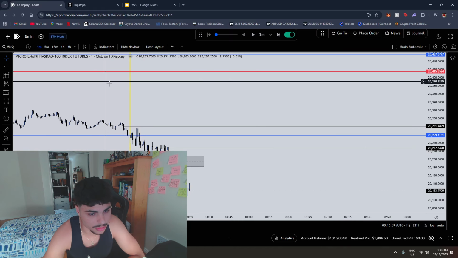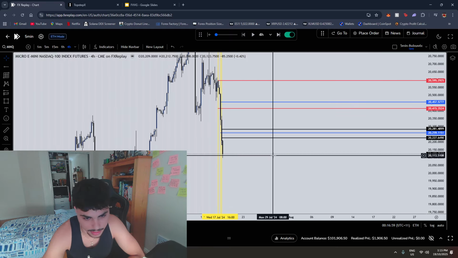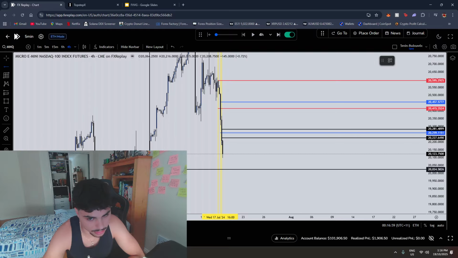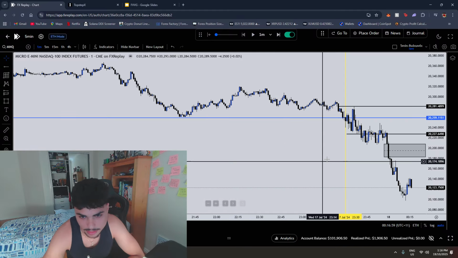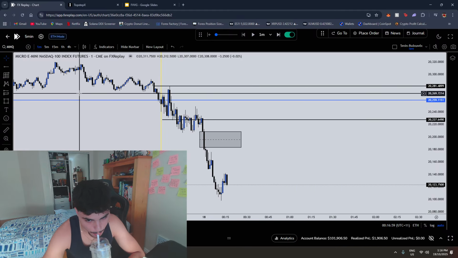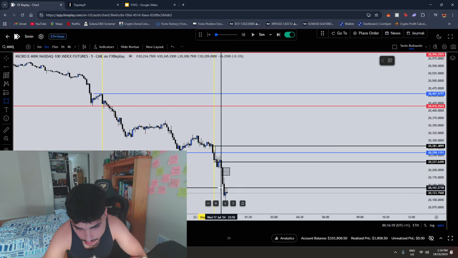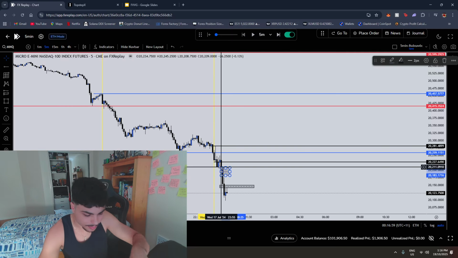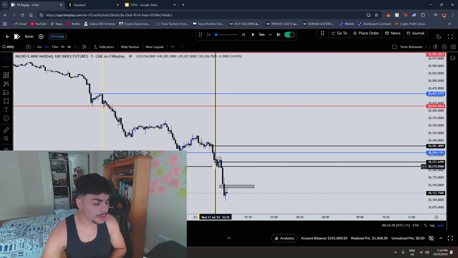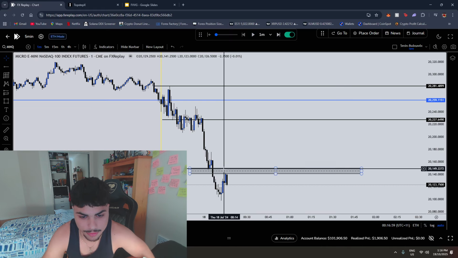Actually, where does price want to go? Let me quickly see something. All right, price is most likely to fill out this liquidity sweep. Yeah, I mean, this will still work, but now we go on the 1 minute. We marked out our second fair value gap.